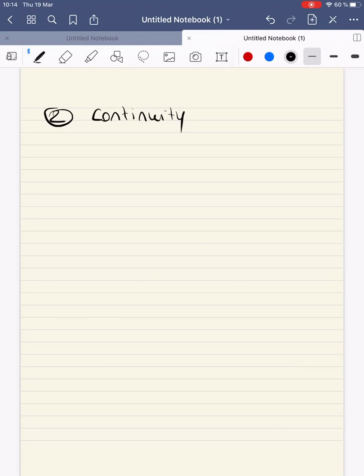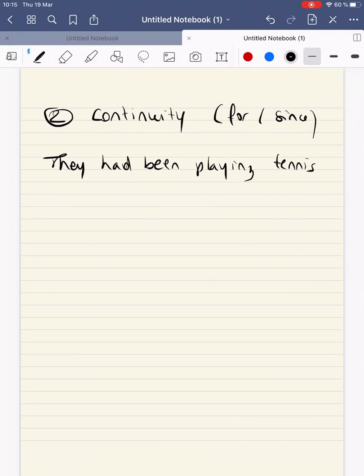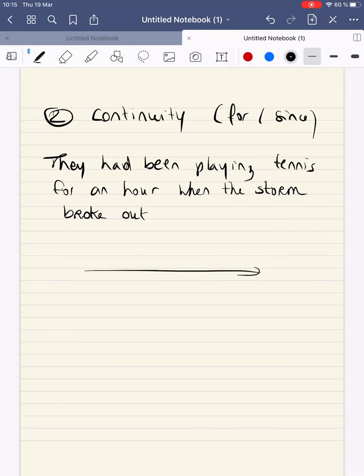The second one is still this idea of continuity, that usually is associated with for and since, as I mentioned. So if you say they had been playing tennis for an hour when the storm broke out.